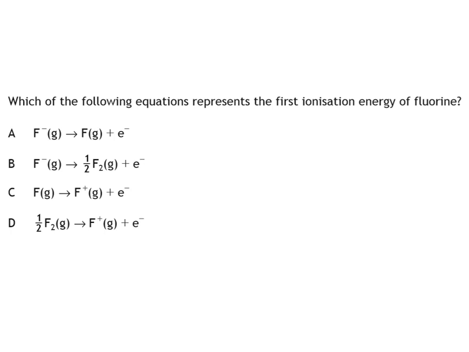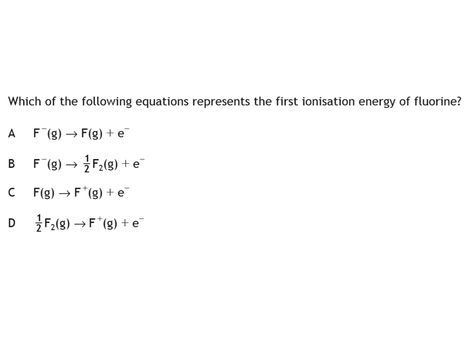So let's have a go at some questions for this. Which of the following equations represents the first ionization energy of fluorine? You may wish to pause the video and then come back in a second. The first ionization energy is the amount of energy required to remove 1 mole of electrons from 1 mole of gaseous atoms.